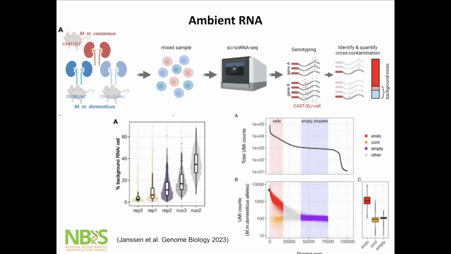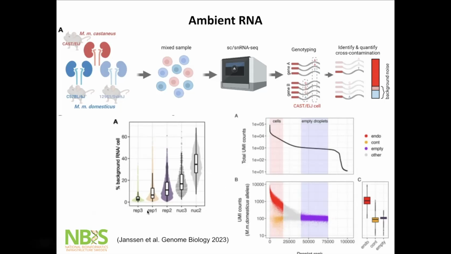So basically, you would see that these clear cells that have a lot of counts from one of the strains still have a few reads here. That's the background from the other strains. But then as you go lower and lower in the numbers here, the proportion of this background contamination is higher.